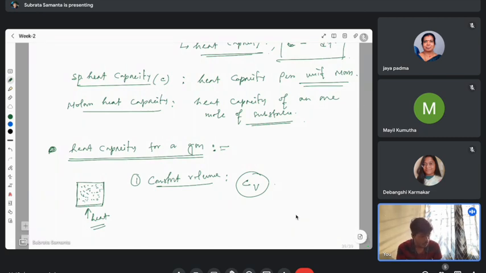So the volume is fixed, and when we add heat, the corresponding pressure increases. Okay. So this is the CV.